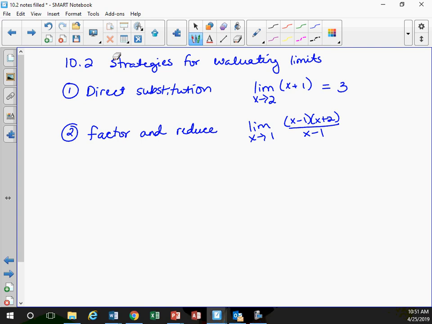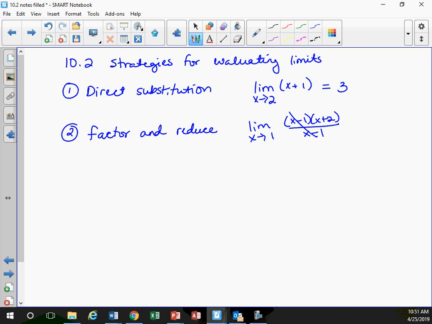So if you look at something like this, do you see how just plugging the 1 in would be a problem? Yeah, we don't want a 0 in the denominator. But if I reduce it, essentially what I'm doing is getting that hole out of there, and then by plugging it in after, you're finding where the hole is. Because remember the limit, we walk right up to the hole, but we don't fall in the hole. Okay, so that's what you would be finding there.